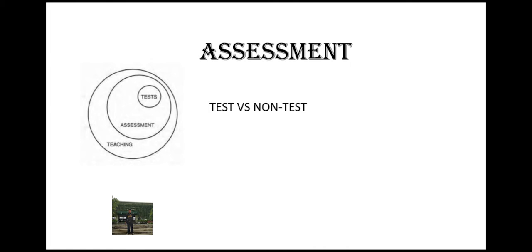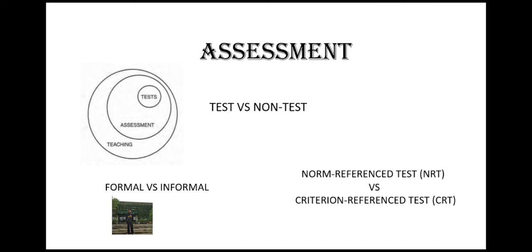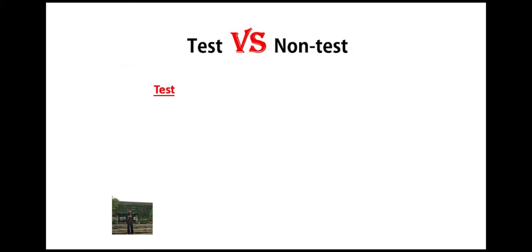If we talk about test and non-test assessment, let's also talk about the other dichotomy of assessment. There is formal and informal assessment, and also norm reference test or NRT and criterion reference test or CRT. First, let's talk about test and non-test assessment.